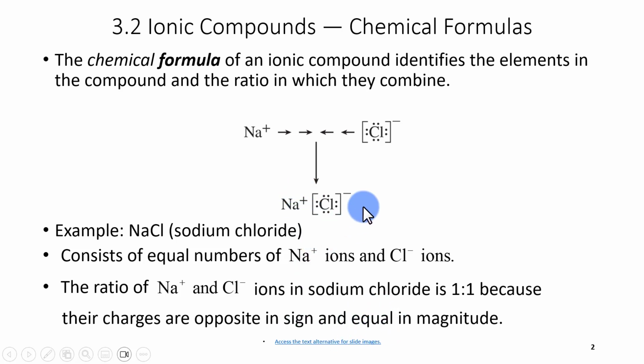This is a +1, that's a -1. A +1 and a -1 gives me a 0. So if I combine one sodium ion and one chloride anion, I can just combine them in a 1-to-1 ratio, and that will give me a neutral compound because a +1 and a -1 gives me 0.